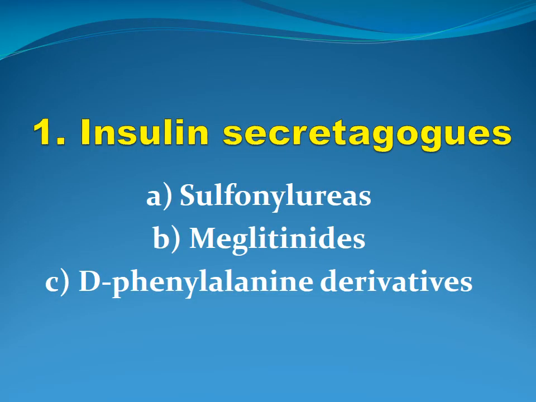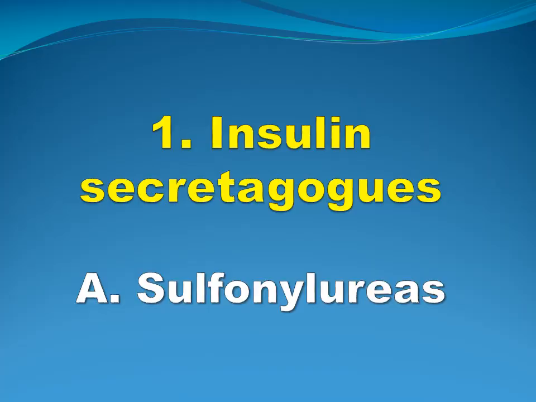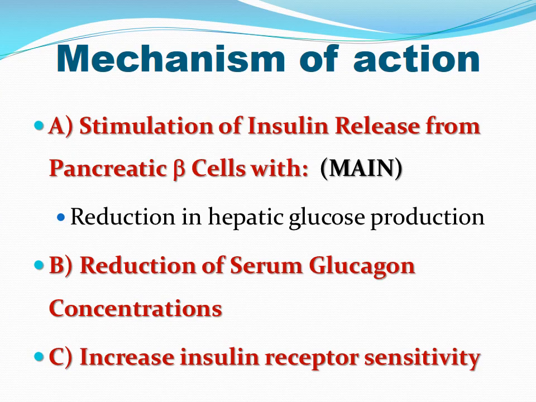We will start with the first group, insulin secretagogues. These include, as we said before, sulfonylureas, meglitinides, and the diphenylalanine derivative. First, sulfonylureas.